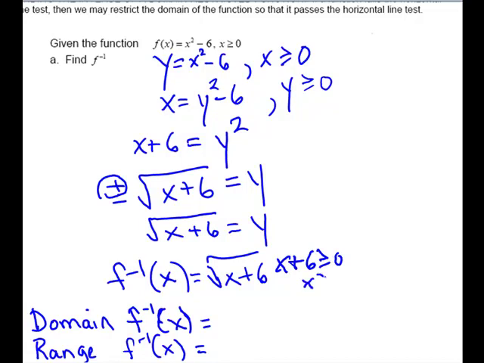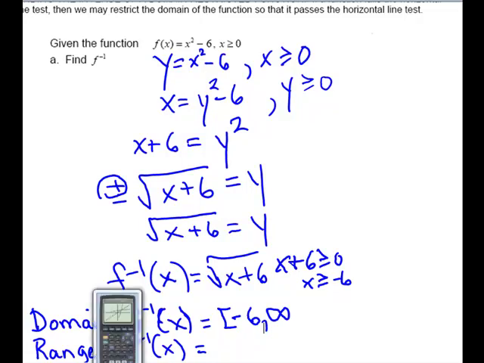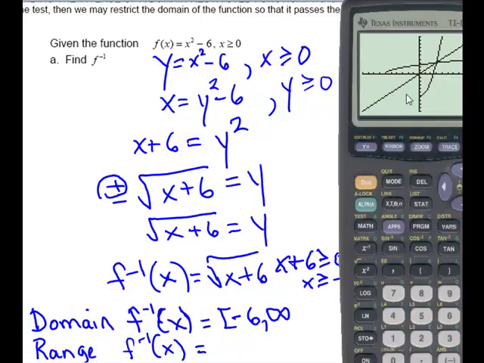So x has to be greater than or equal to -6. And let's pull our calculator back up and see. All right, and so here is our x.